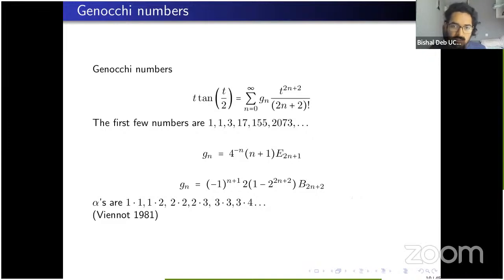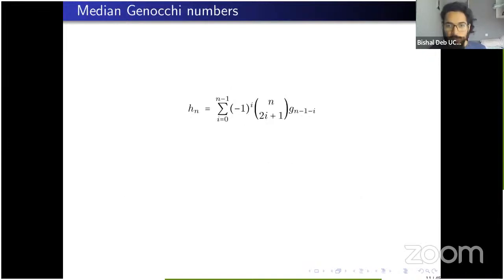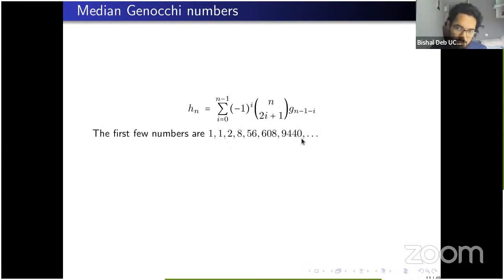And also there is another sequence called the median Genocchi numbers. This is one way of describing the median Genocchi numbers. The first few numbers are 1, 1, 2, 8, 56, 608, 9440. By the way, I don't expect you to remember the definitions of Genocchi and median Genocchi numbers.